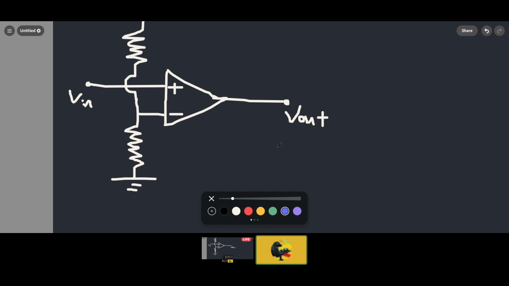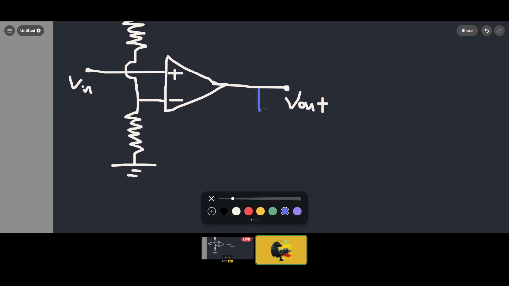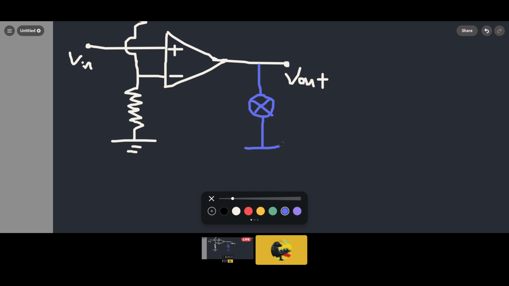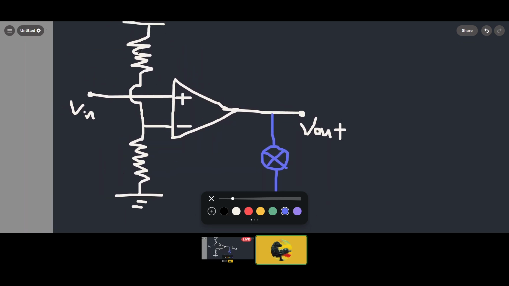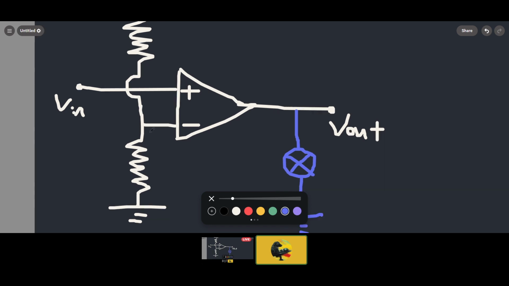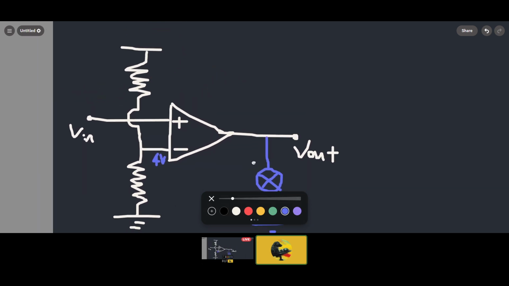And if it's lesser than 4 volts, then we do nothing. So very simply, we can just connect a buzzer. I don't know the symbol for buzzer, so let's say a bulb. And then we just need to set the values here to get 4 volts, which I'm not going to do because I'm very lazy.